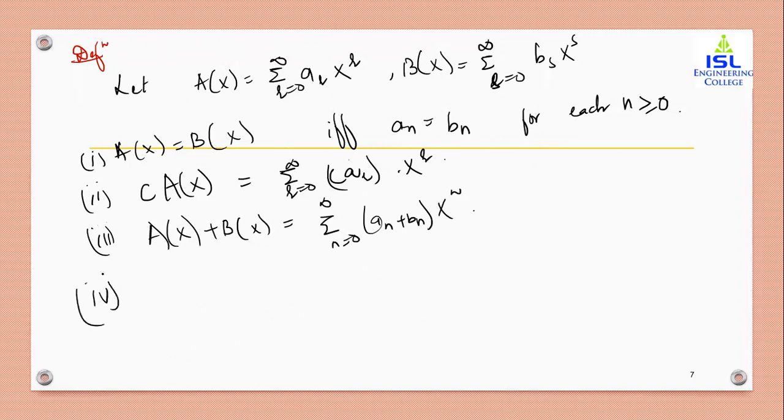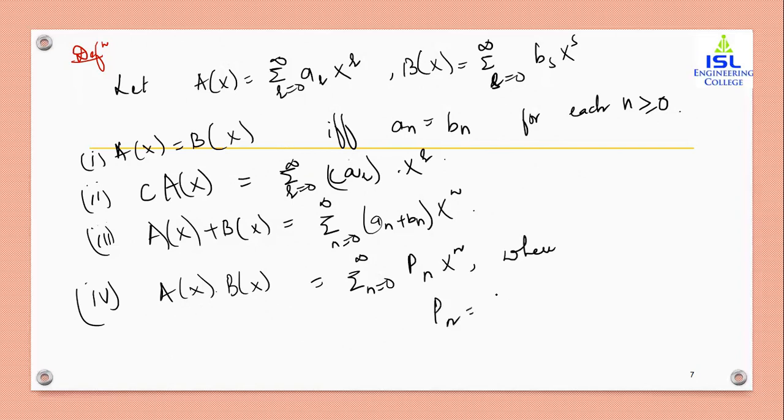These are very simple concepts, not something very complicated. And similarly, if we want to perform the product a of x into b of x, it will be equivalent to sum over n is equal to 0 to infinity of pn x power n, where pn is equal to the sum over j plus k equal to n of aj into bk. That is, we multiply the coefficients in such a way that the subscripts add up to n.